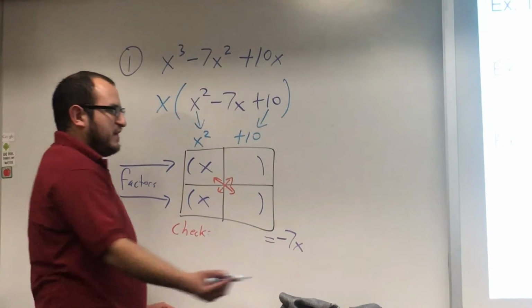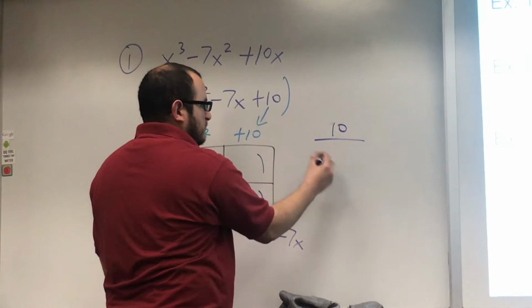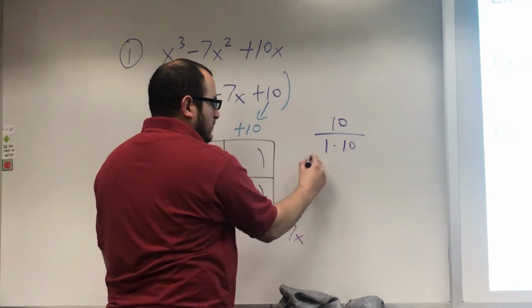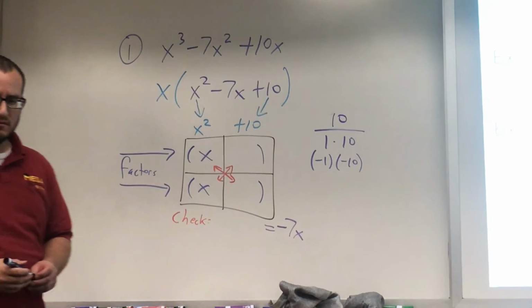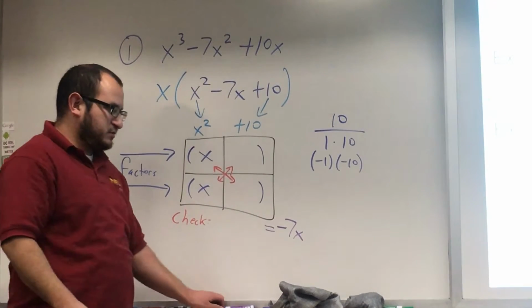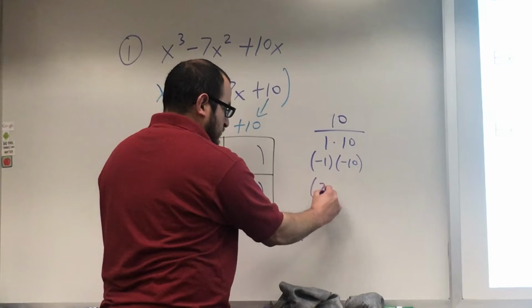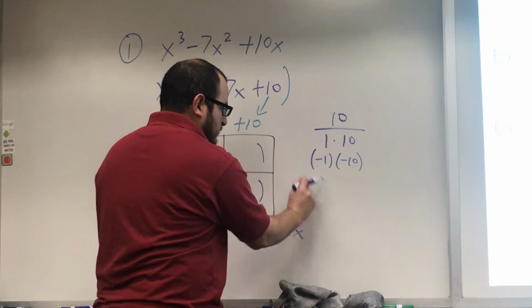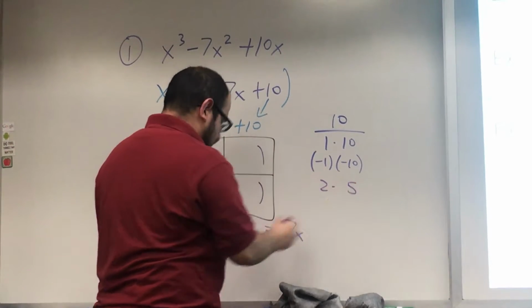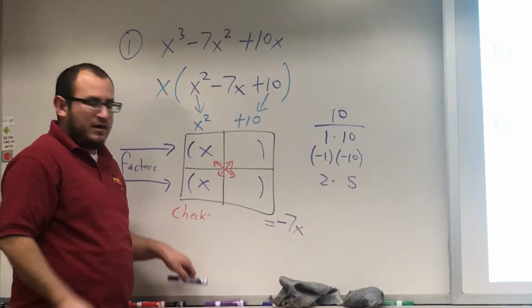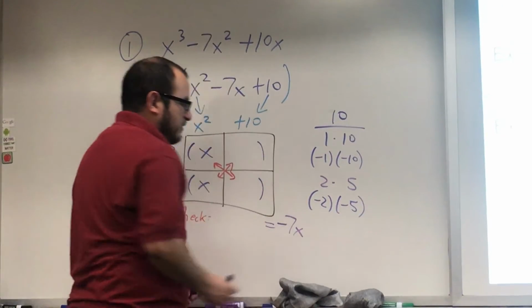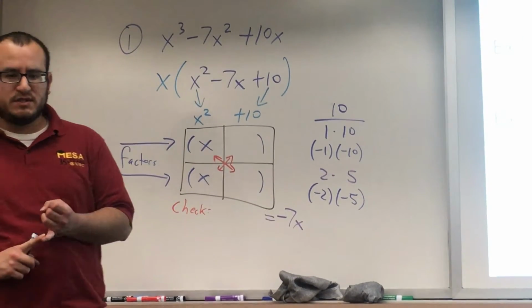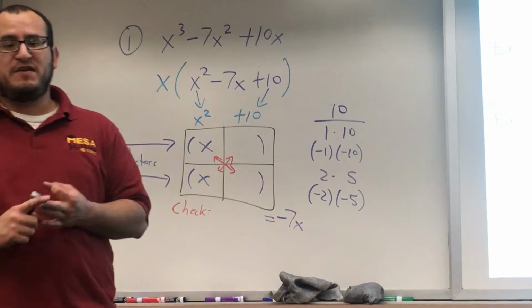List all the possible factors of 10. So 1 times 10, negative 1 times negative 10. Go down the list. 2 times 5, or negative 2 times negative 5. 3 doesn't go into 10, 4 doesn't go into 10, 5 goes into 10.